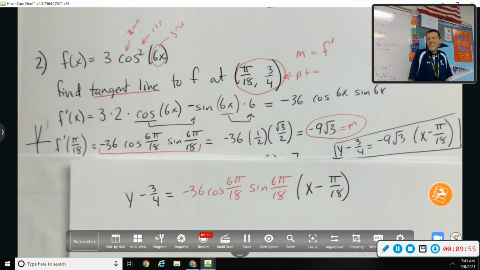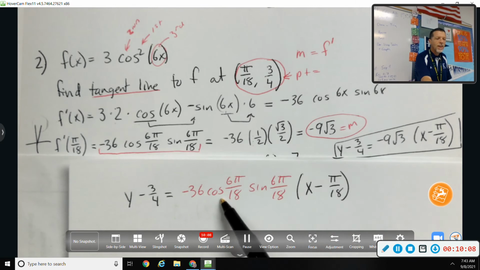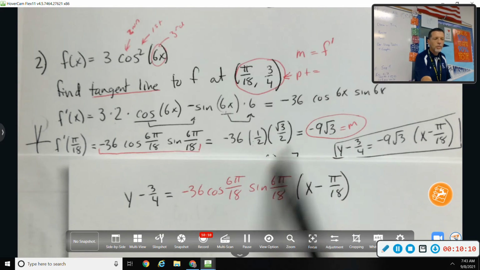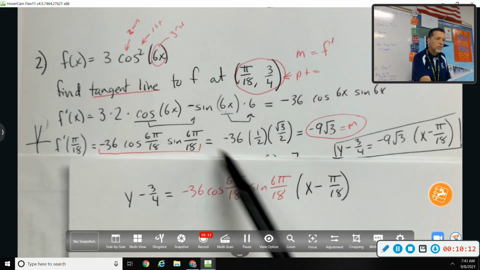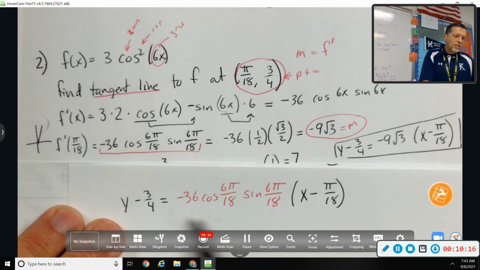As ugly as it is, it would still be correct. The main thing people get in trouble with trying to do that is they leave the x in there. If you leave the x in there, then you haven't told me what the slope is at that spot. So you've got to find the slope at the point, and then if you want to leave it in this ugly format, that is okay.